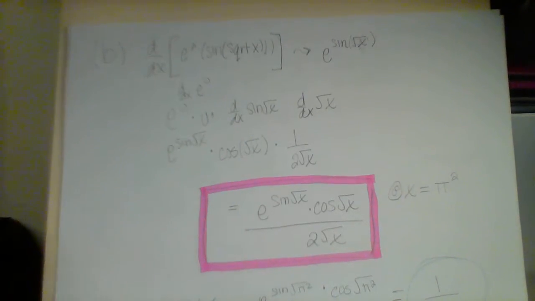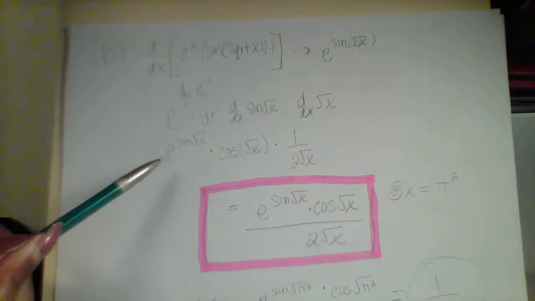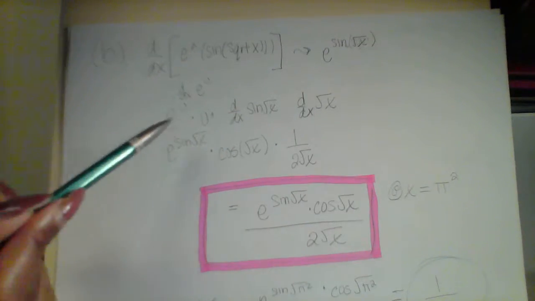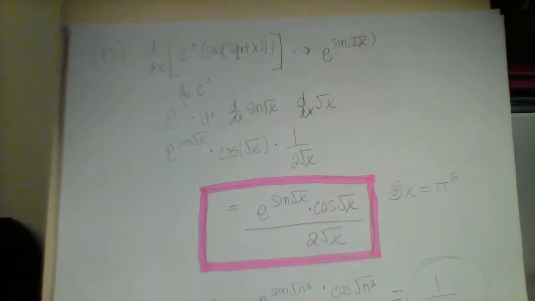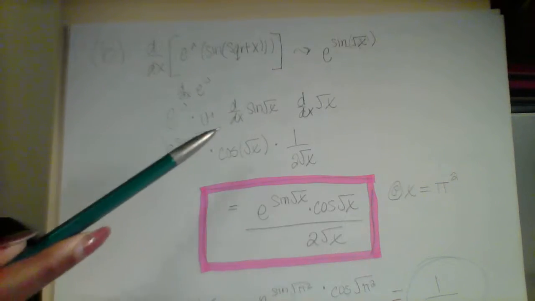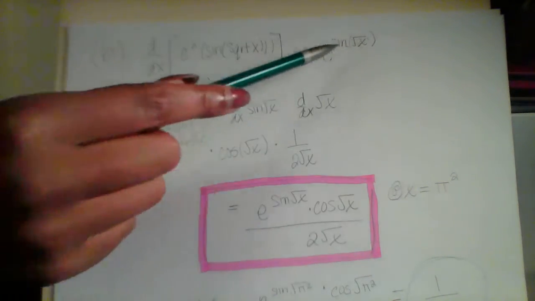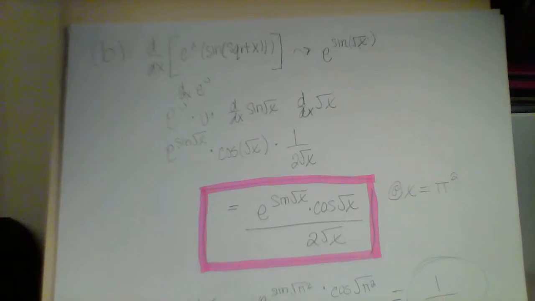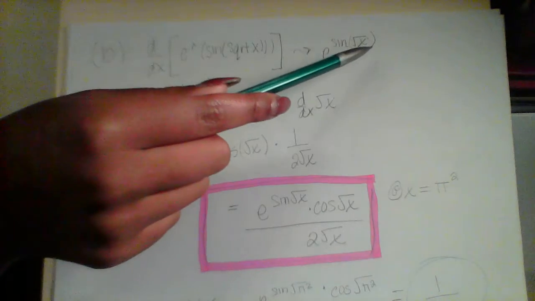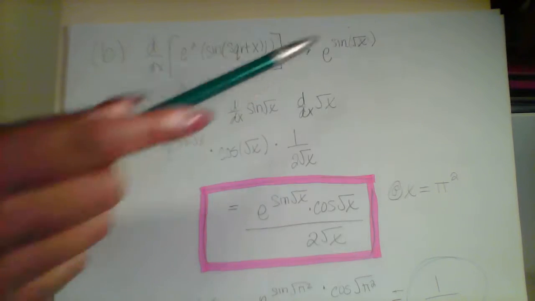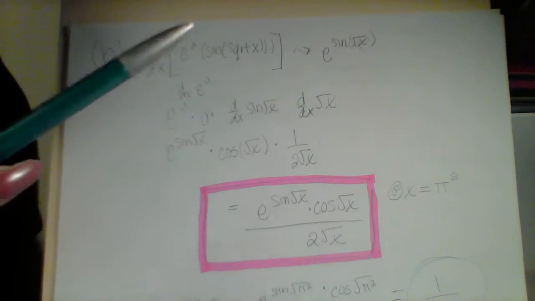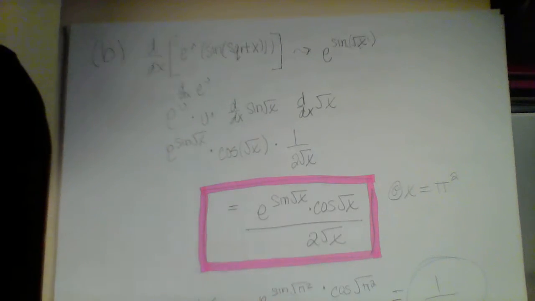So e to the u is just simply what we have here, which is e raised to the sine square root of x power times the derivative of u. So again, the derivative of sine is universally known as cosine, so in this case, cosine of square root of x. And then finally, the derivative of your total inside, which is square root of x, which if you rewrite it is x to the 1/2.